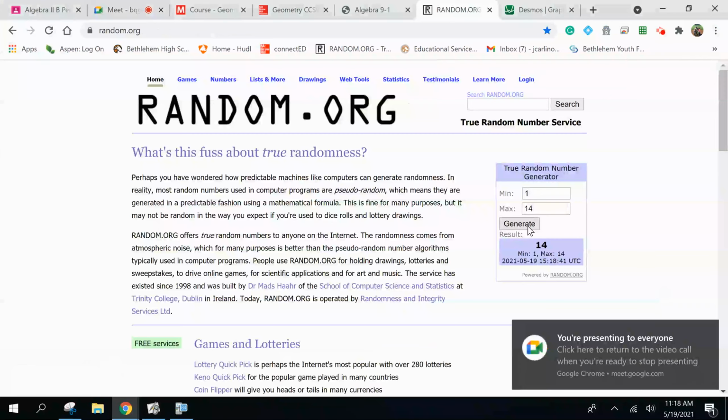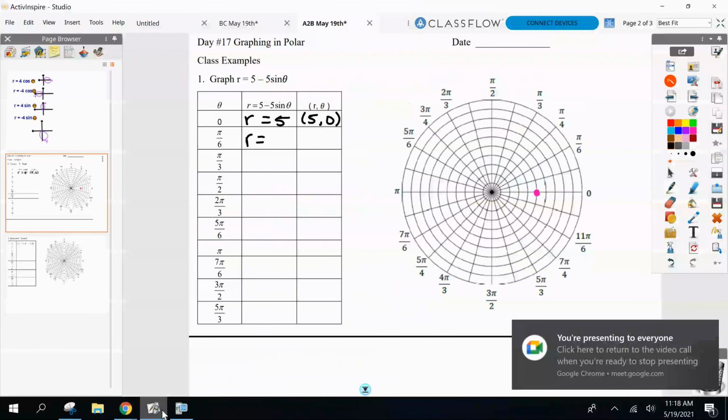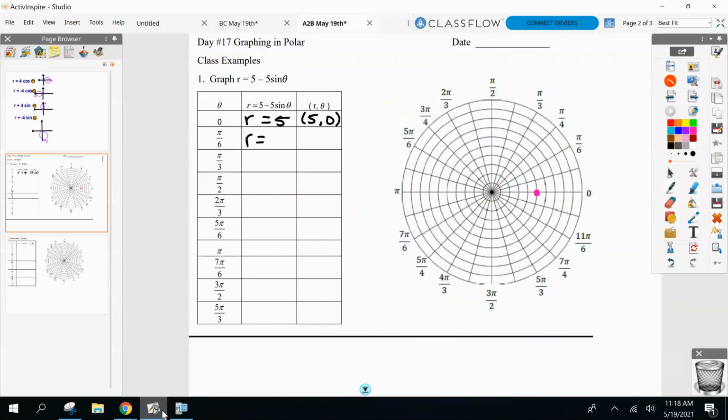Key in, here we go. Pi over 6, rounded to the nearest 10th. What's your R value? 2.5. 2.5, I like it. Okay, so everyone go to pi over 6. 2.5. There you go.